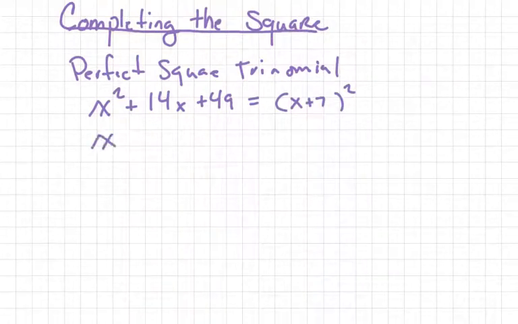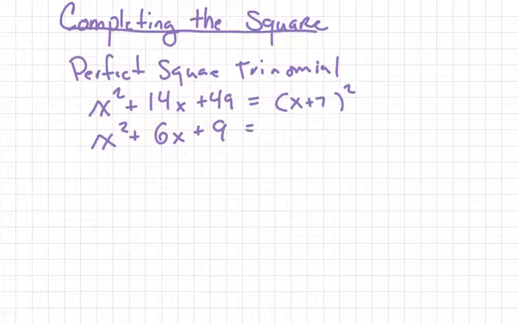Or another one would be x squared plus 6x plus 9. This could be factored into x plus 3 squared. If you don't remember about perfect square trinomials, please watch the perfect square trinomial video. But we're going to use this idea to solve quadratics that were previously unsolvable.